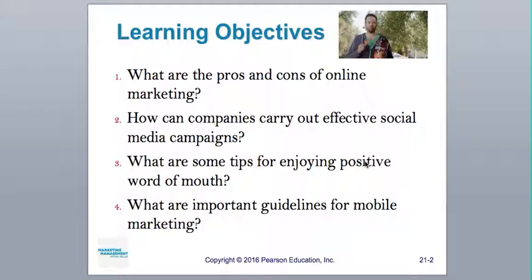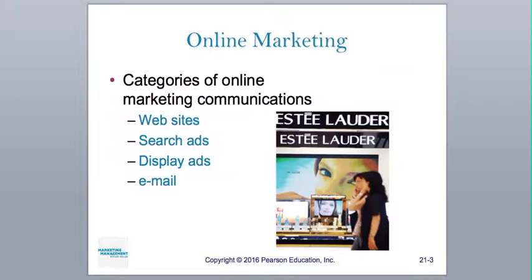How do you carry out effective social media campaigns, word of mouth, and mobile marketing? So here's where we're at. The world has matured in the sense that digital marketing has been around long enough that pretty much everybody, regardless of age group, other than at the very extreme ends, is dabbling in this or using this to some degree or another.